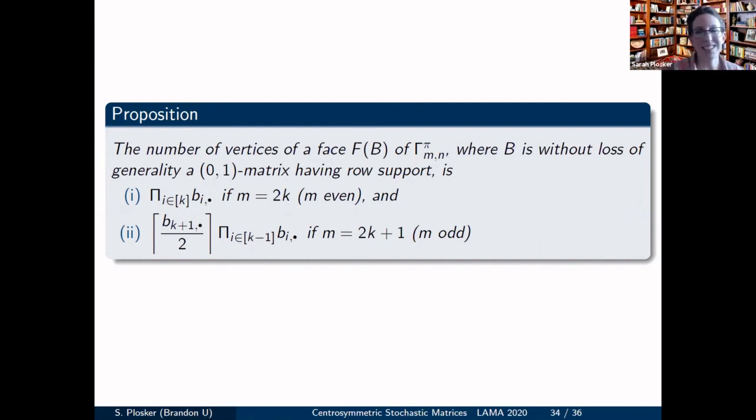So half, but ignore that middle row: k minus 1. You multiply those row sums together, and then you take the k plus 1 row sum, divide that by 2, take the ceiling, and multiply that. And that is how many vertices of your face you have. That might sound kind of strange, so we'll do an example.